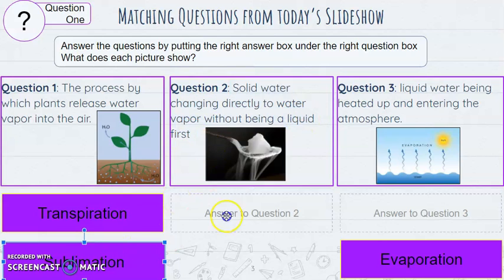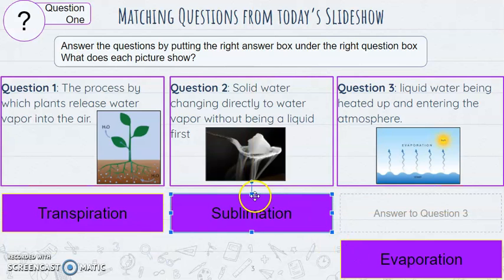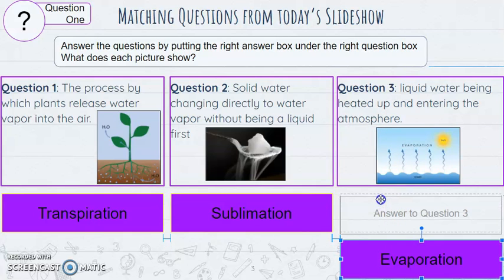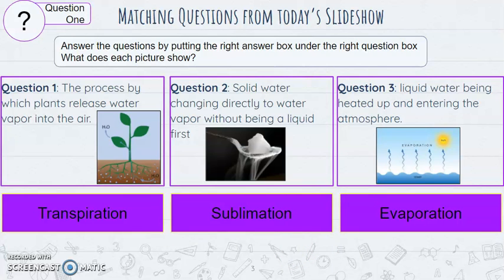This is called sublimation, and for the video on the first slide, in the lower right corner, it shows this, which is super, super cool. Question 3. Liquid water being heated up and entering the atmosphere. That's known as evaporation. You've got your glass of water outside. After a while, a little bit evaporates from it. Got a big ocean. After a while, a little bit evaporates from it.